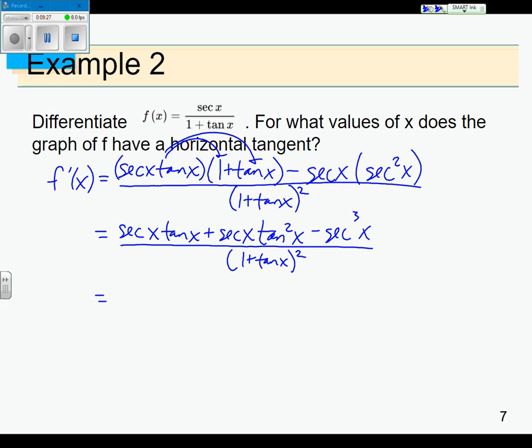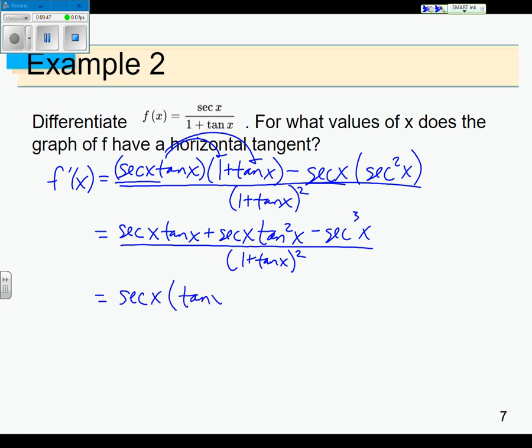Now, I've only got 3 terms on top, and I notice that they all have secant in common. So this secant that I just pulled through here and pulled through, I'm actually going to factor it back out. It looks kind of weird. This back one doesn't have a tangent x, so I can't pull out a tangent x as well.